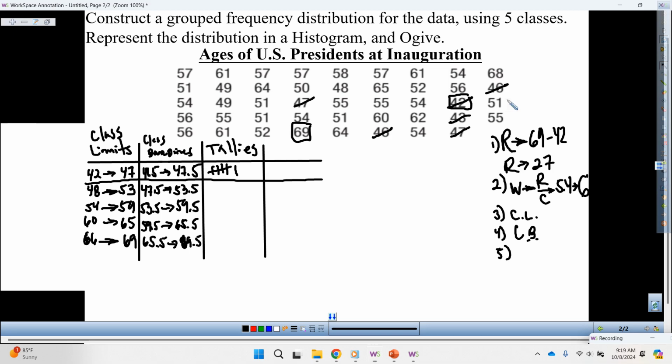That is correct. Let's go. Go to the next class. Tally up that next class. Then Isabel is going to pass someone.